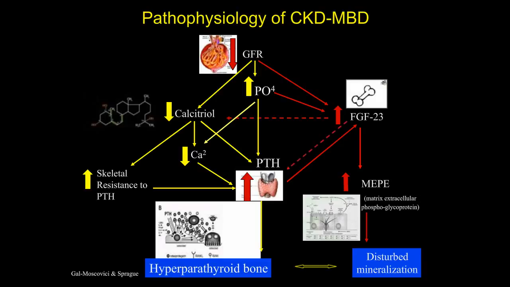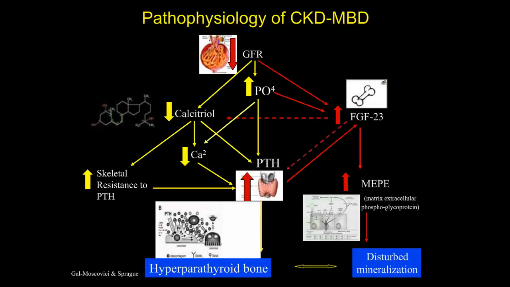In addition, FGF23 does have some effect in inhibiting parathyroid hormone, but that inhibitory effect on parathyroid hormone is greatly overridden by the stimulation of increased PTH by the decreased calcitriol, increased phosphate, and decreases in ionized calcium. PTH also goes and stimulates FGF23.